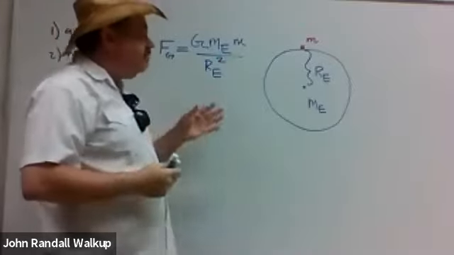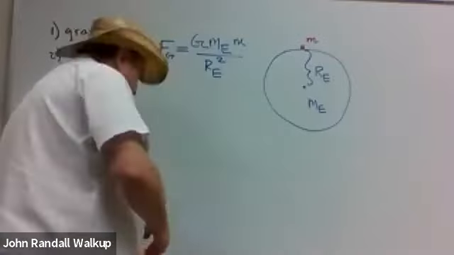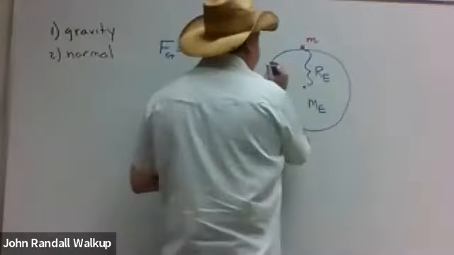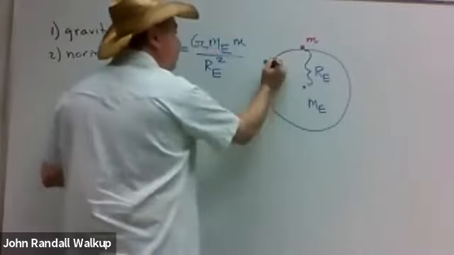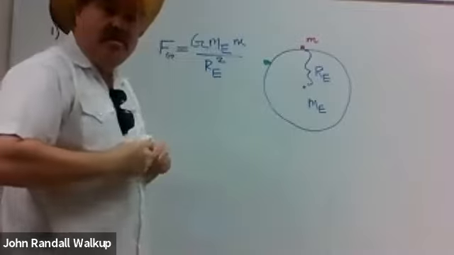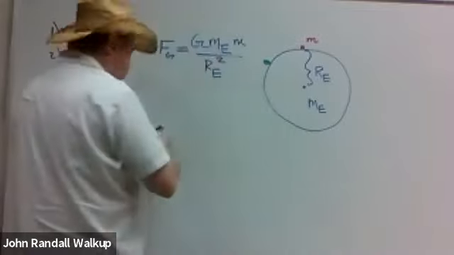Now I notice something. Suppose that I have another mass nearby, let's say over here. It's a watermelon. So what would be the force on it? Well, write it down.